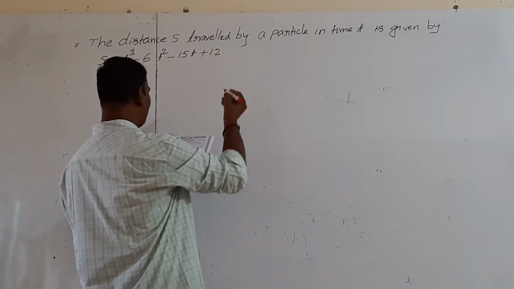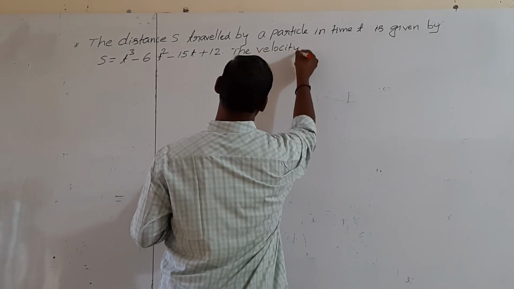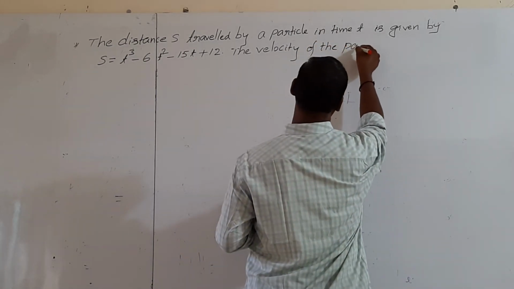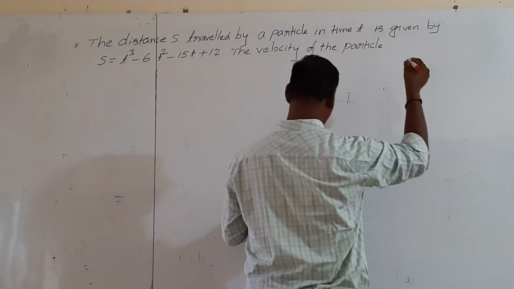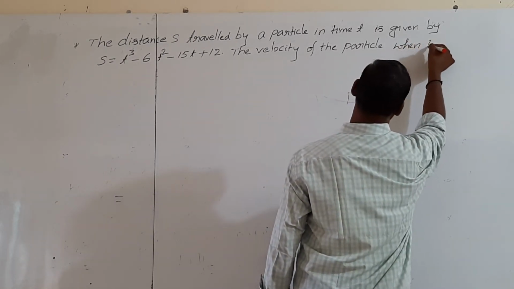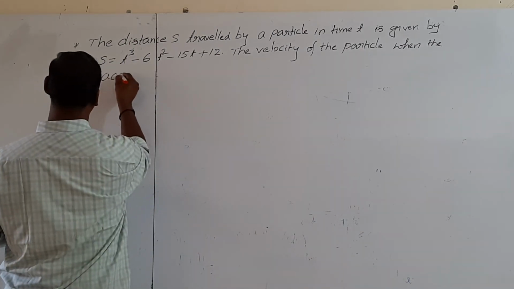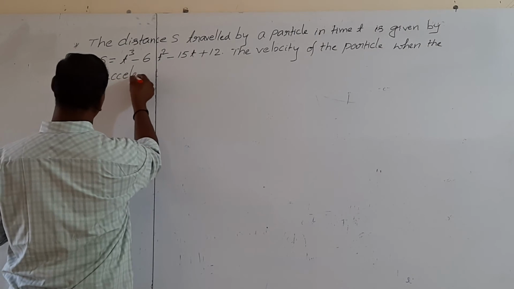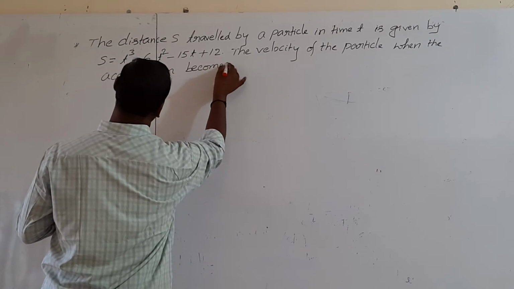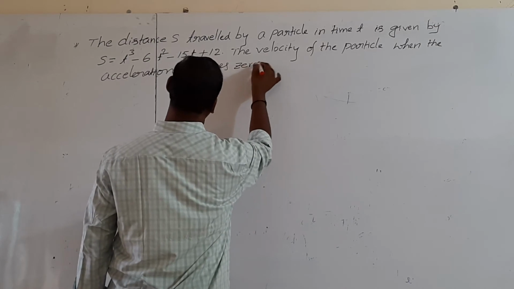The velocity of the particle when the acceleration becomes 0 is.